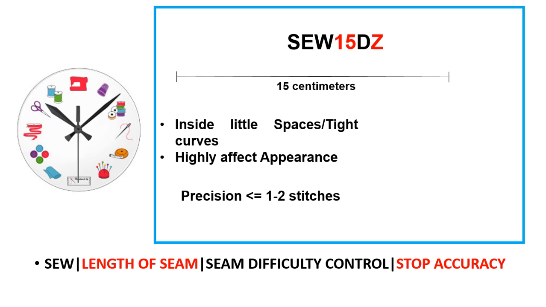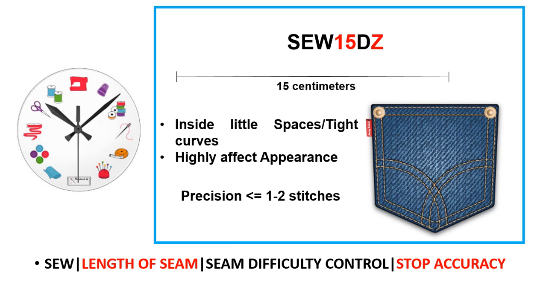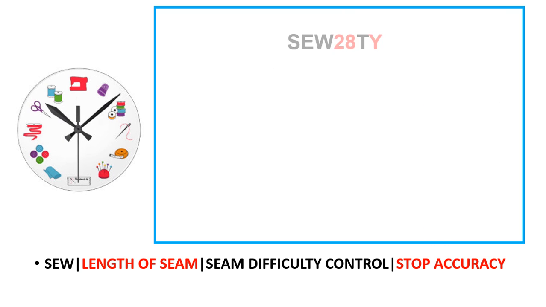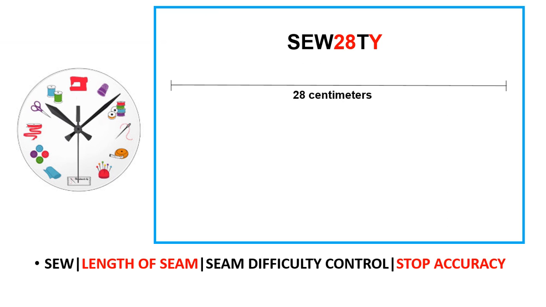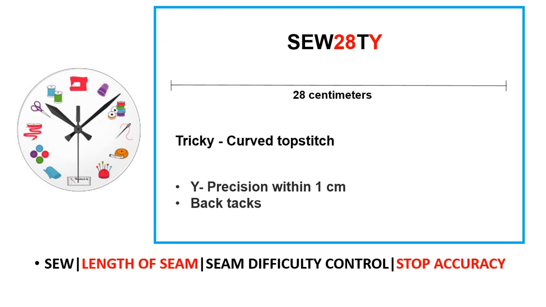Just to be clear, let us have a look at one last example of sewing. So we have 28 centimeters of tricky stitch, which means a curved top stitch with a stop accuracy of Y level, that is a precision within 1 centimeter, like in case of back tacks. This would be an example, that is sleeve hem top stitch.